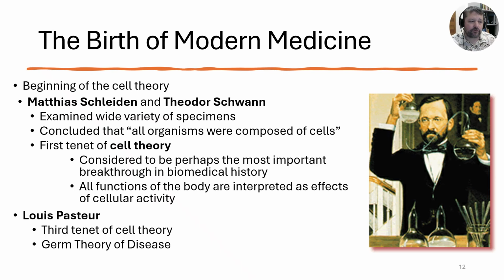And then, of course, Louis Pasteur, who's pictured here, is really important for modern medicine and paving the way to examine diseases. He came up with the germ theory of disease, by discovering bacteria and its role in contaminating things like liquid broths and other things.